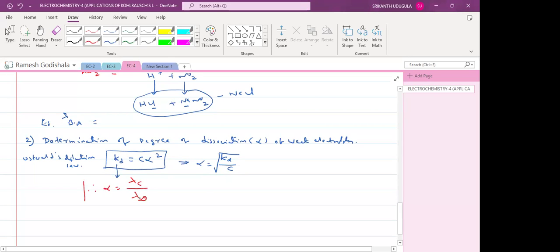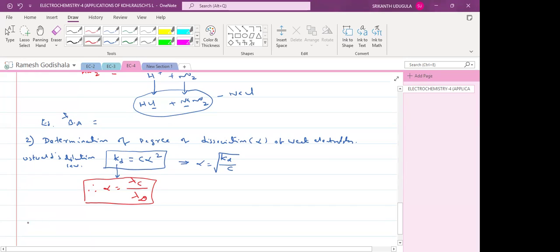This is the direct equation to determine alpha. The degree of dissociation of a weak electrolyte can be determined by taking lambda C, which means equivalent conductance at the given concentration. Lambda infinity or lambda 0, both are the same, and it is obtained by applying Kohlrausch law.